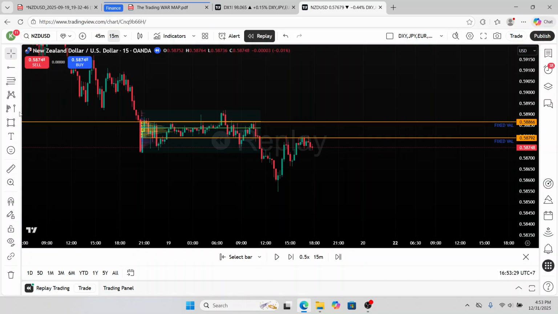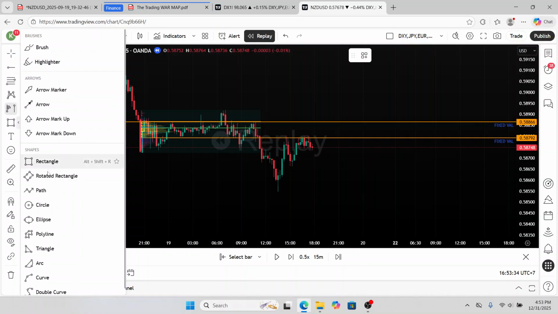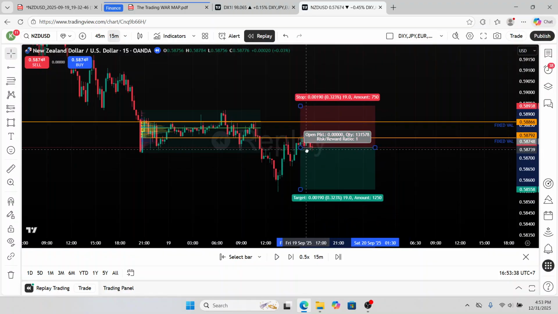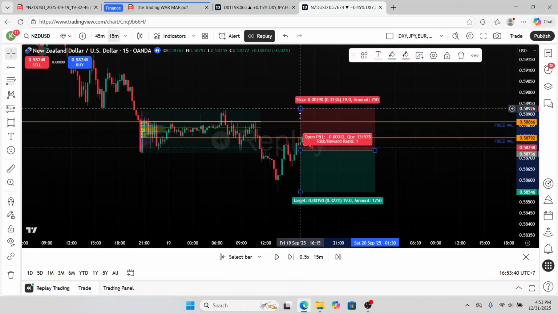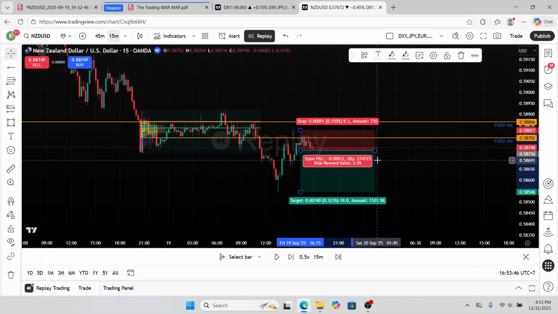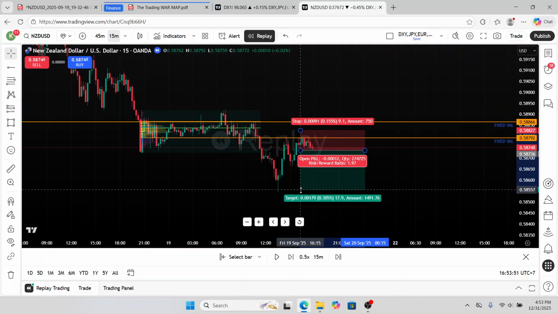So if we break below this range, which I know is going to happen, my stop loss was about here, just to give myself some room, and a simple 2 to 1.